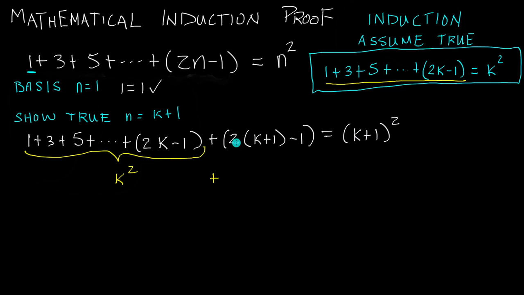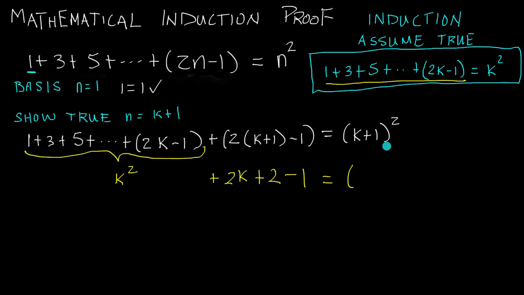So 2 times k is 2k, and then distributing the 2 times the plus 1, this would be plus 2, and then we have the minus 1 over here. So is that equal to k plus 1 squared?